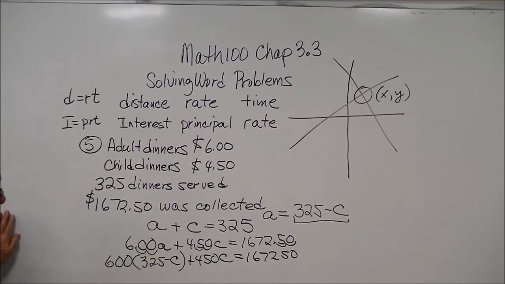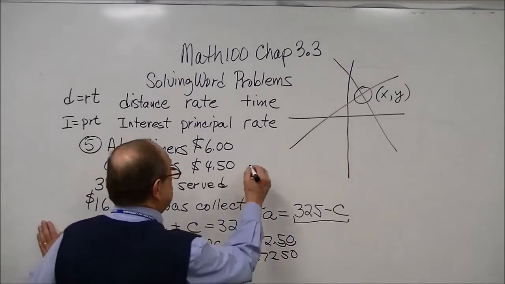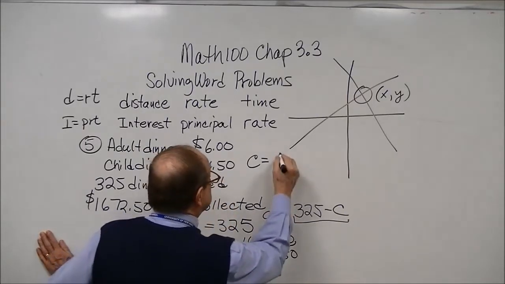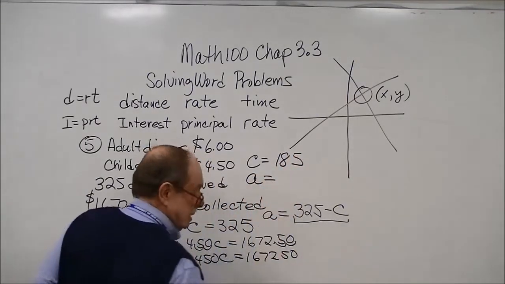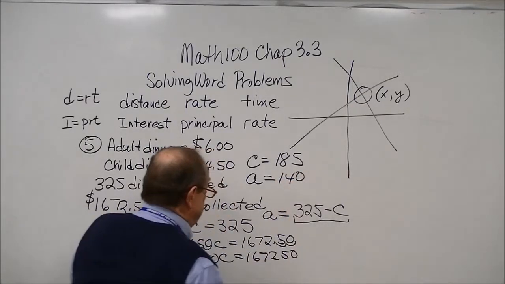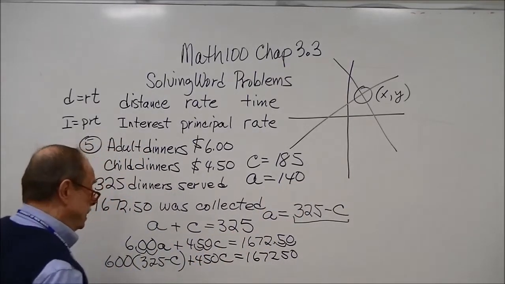We did some of these before. But when you do finish it all up, we get that the C's come out to be, I've worked this out before, 185, and the A's come out to be 140. And these together make that.